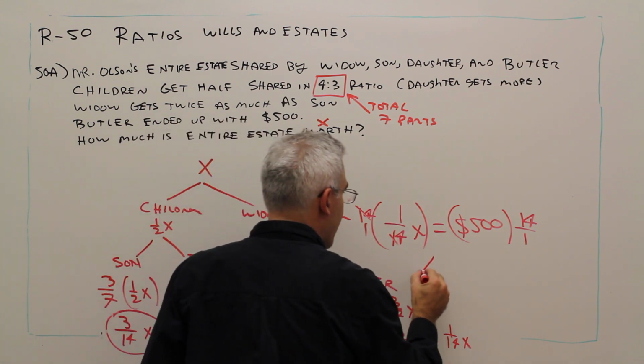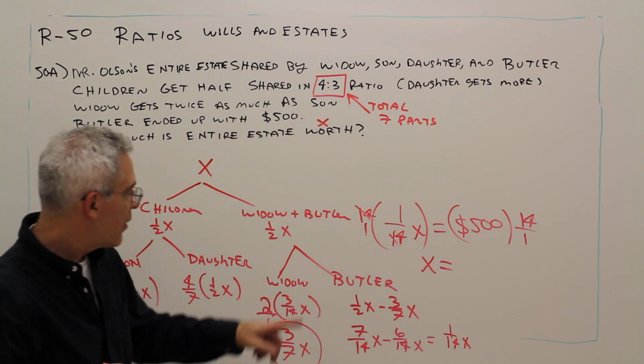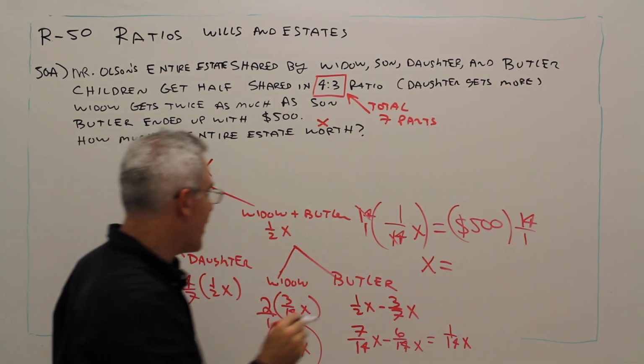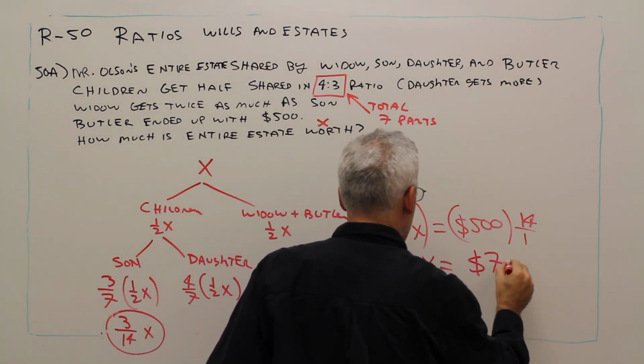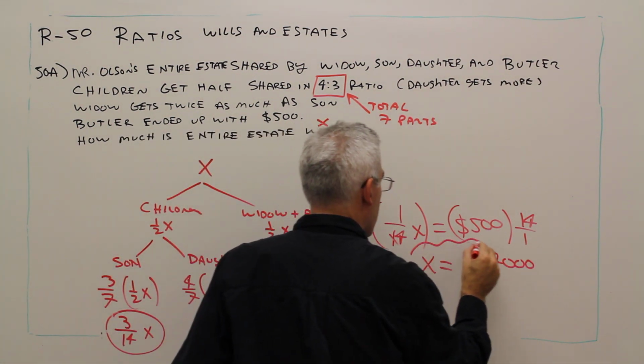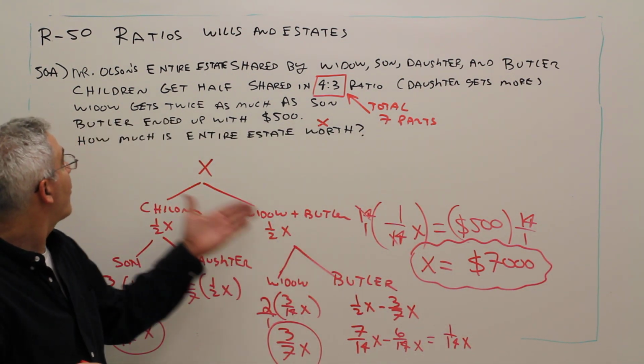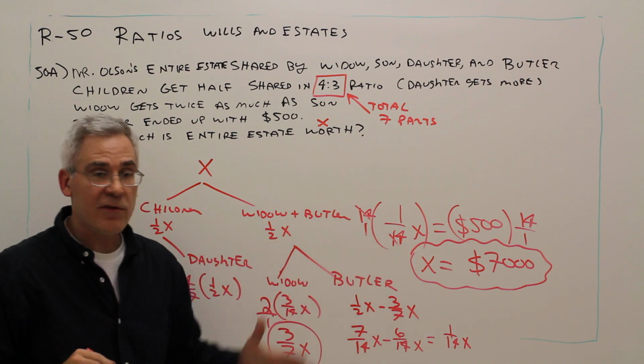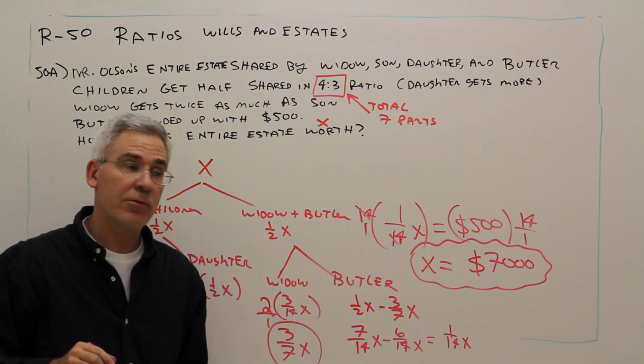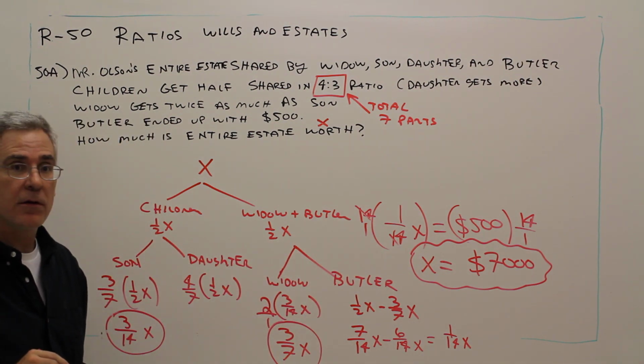If I do that, X equals, what did I get? $7,000. So the answer to problem 50A is $7,000 is the value of the entire estate.